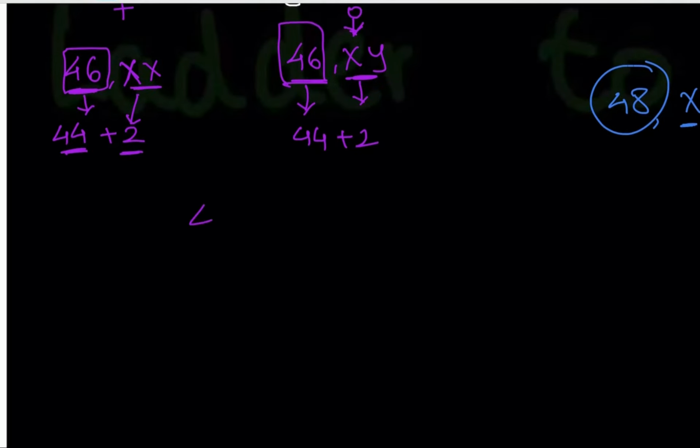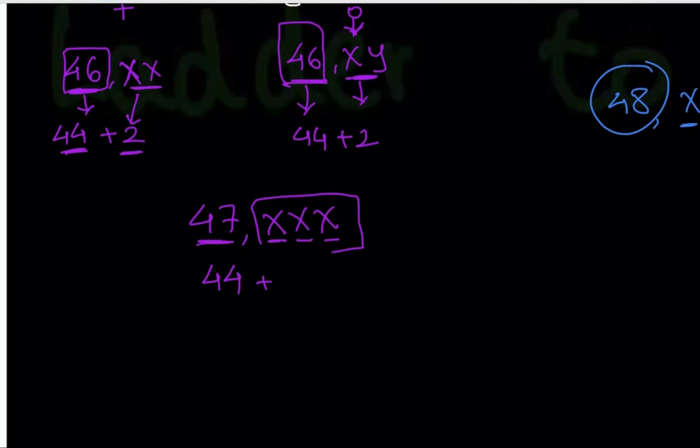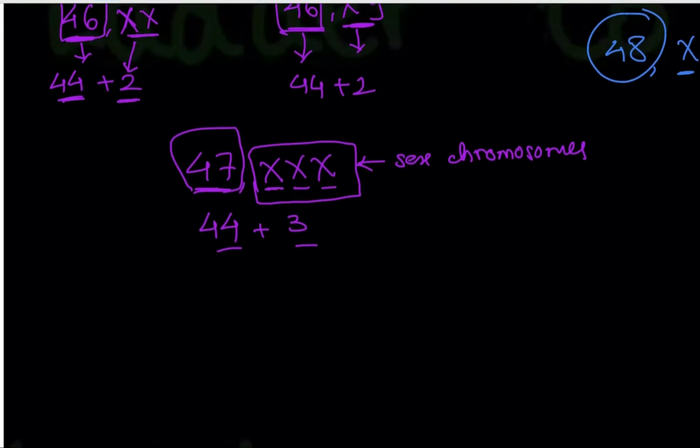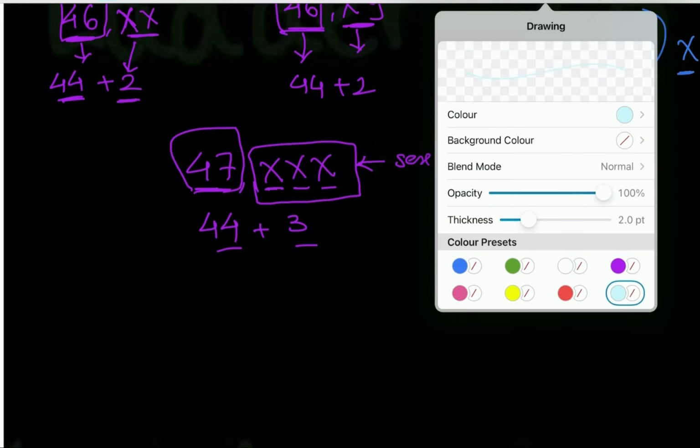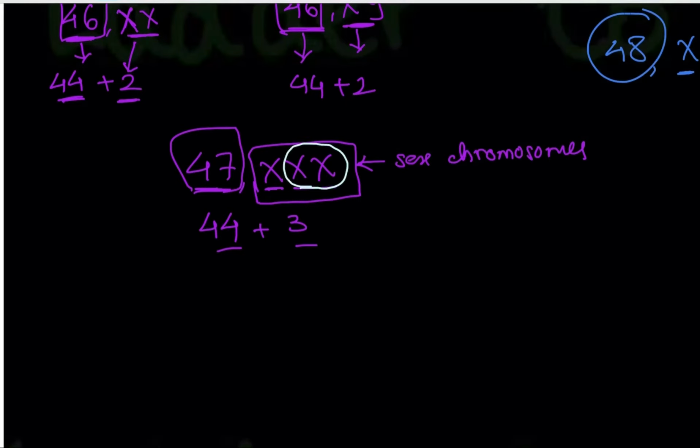Now if I tell you 47XXX, then how did this 47 come? Normally we have 44 autosomes. Now count these X chromosomes. How many? 1, 2, 3. These are your sex chromosomes. The letters which we are writing, the X and the Y, indicate the sex chromosomes. So how many sex chromosomes are present? 3. So 44 plus 3, like this 47 came. Now if in this question I ask how many Barr bodies are present, then Barr bodies are 2, right?